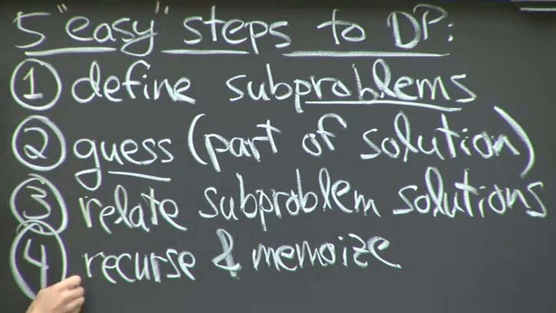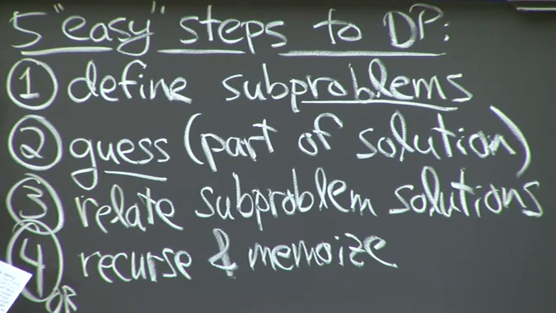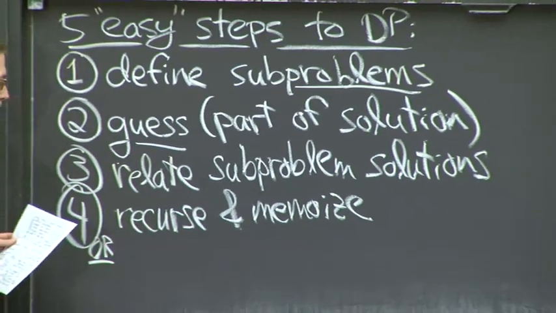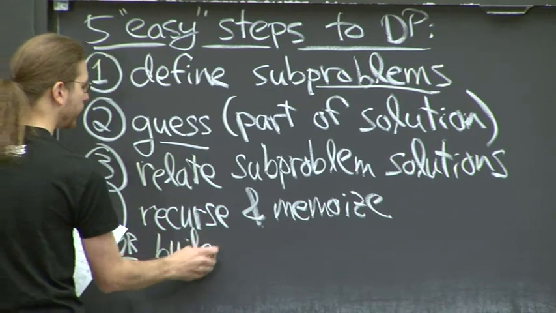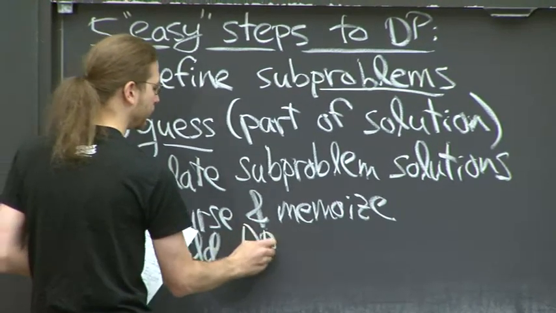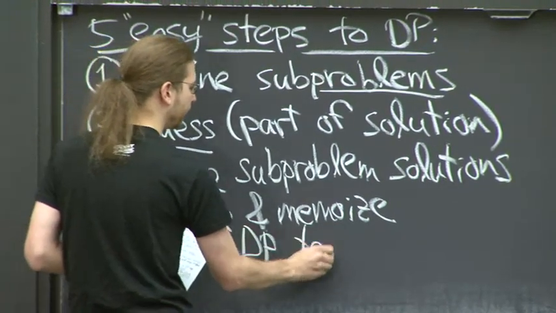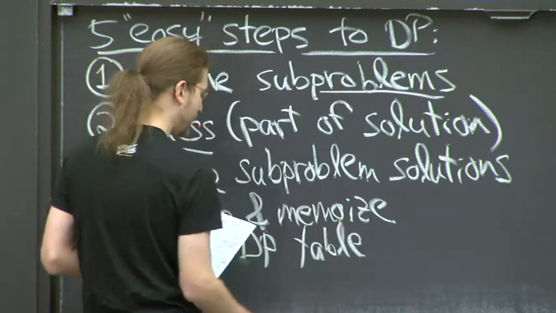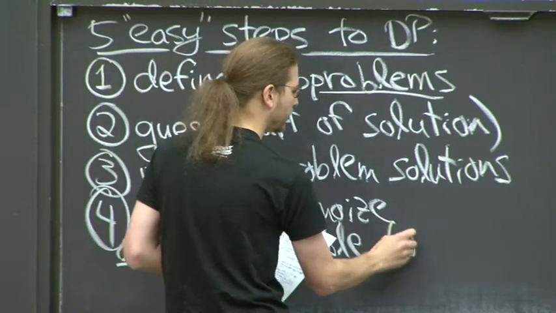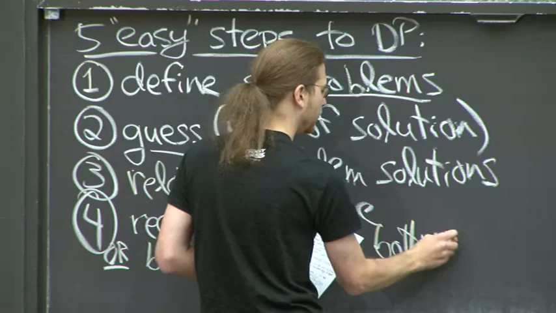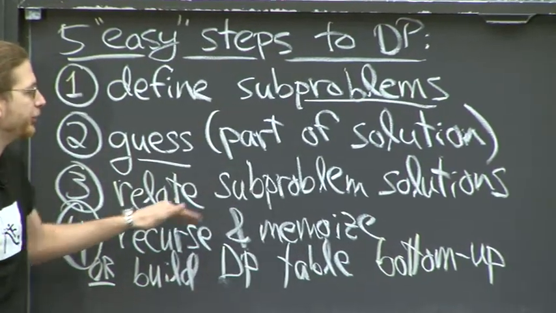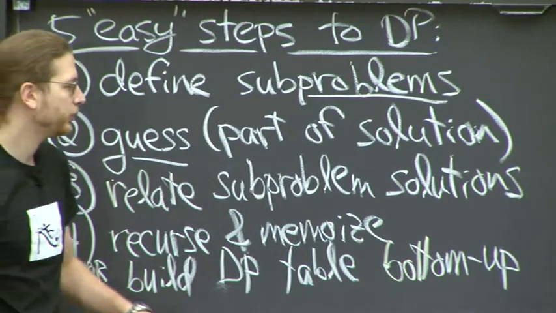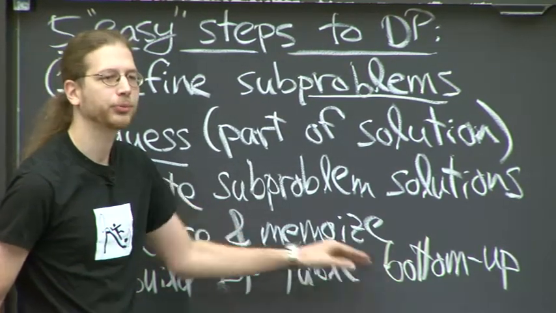And we saw 2 ways to do that last time. One was to use recursion and memoization, which is the way I like to think about it. But if you prefer, you can follow the bottom-up approach. And usually that's called building a table. And that was basically to turn our recursion and memoization, which is kind of fancy, into a bunch of for loops, which is pretty simple.